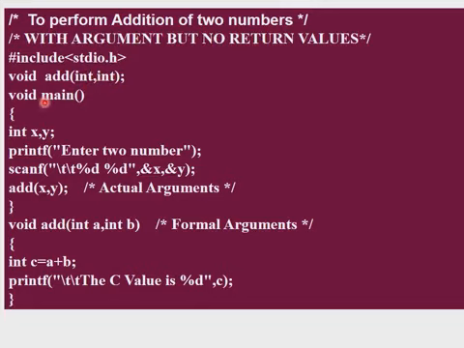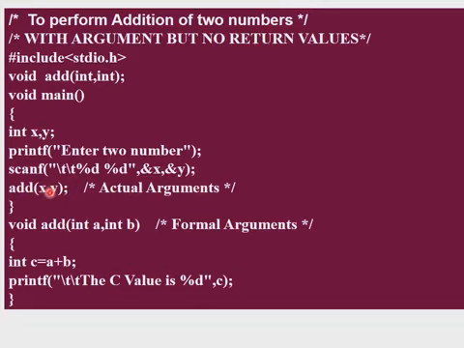In the main function, we have two different variables of type integer, x and y, and we have accepted the values of x and y. We have asked to enter two numbers, scanned them into x and y, and called our function add, and here we have passed these actual arguments x and y.